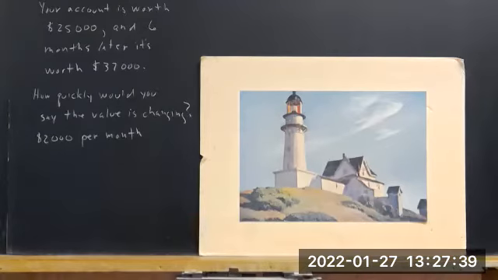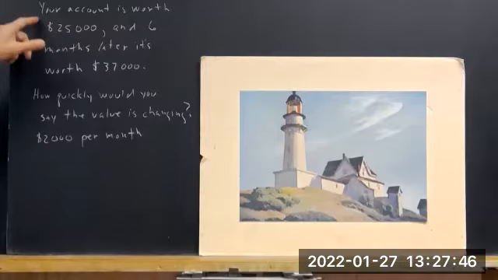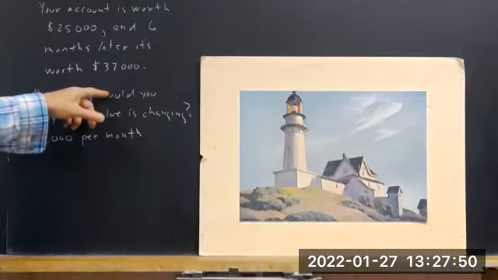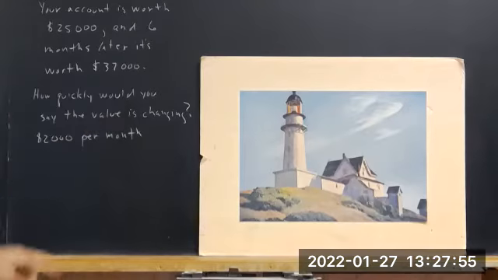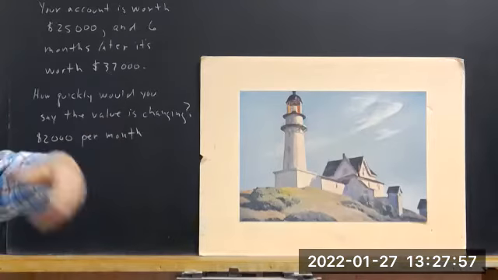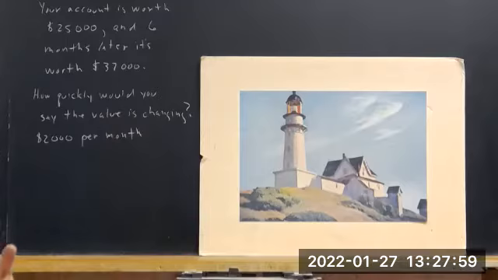It means on the average, it was $2,000 per month. Some months it might have been more, some months less, but if you change from 25,000 to 37,000, it's pretty simple to see that that's a $12,000 change in 6 months. And you divide $12,000 by 6 months, you get $2,000 per month, right?